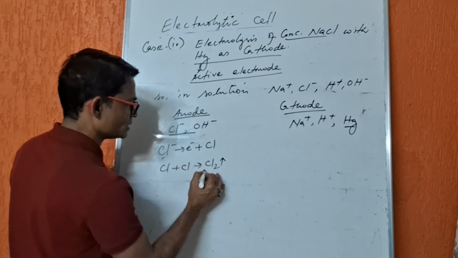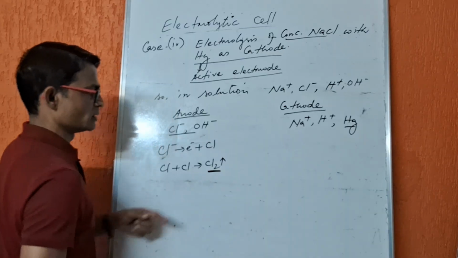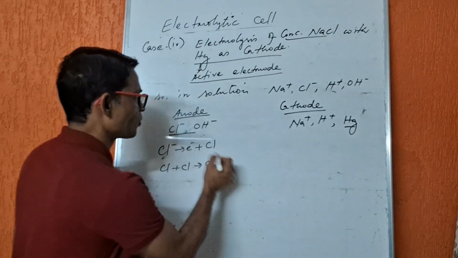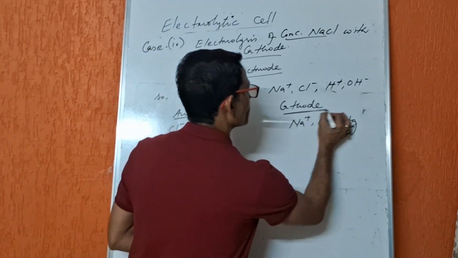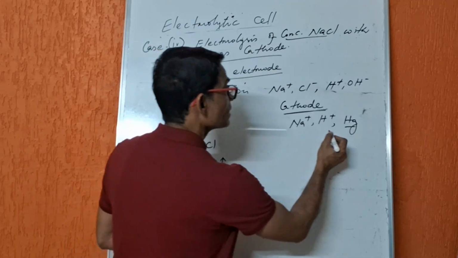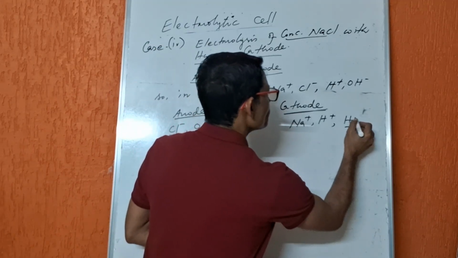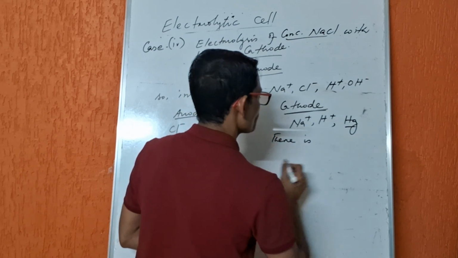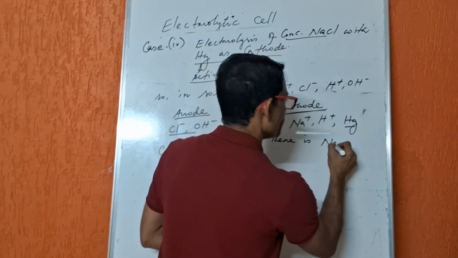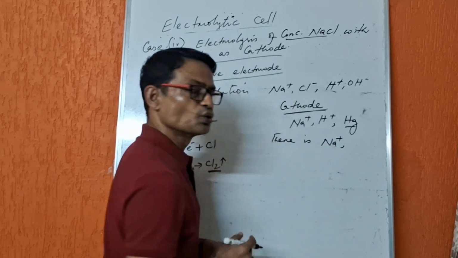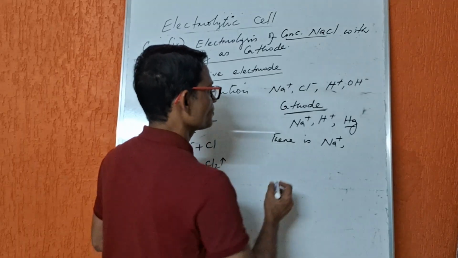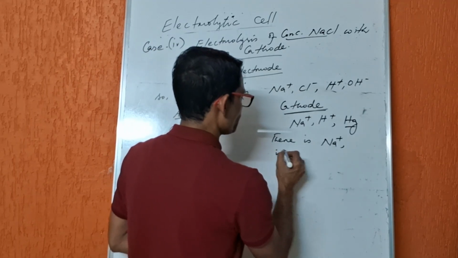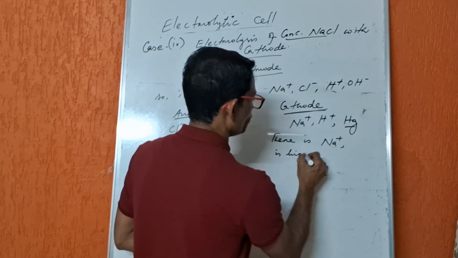At the anode, Cl minus gives Cl2, whereas at the cathode there is sodium Na plus.